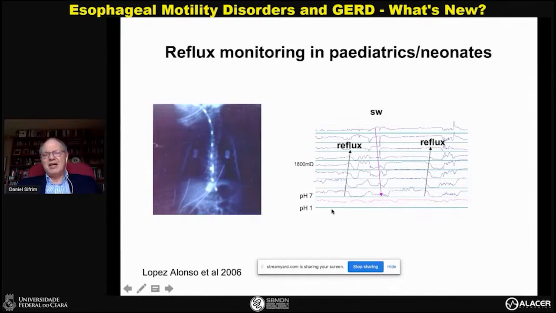And there is an enormous number of episodes of retrograde flow of non-acidic contents that can end up in the lungs and provoke severe respiratory disorders. It is very well known, and pediatricians are using impedance to detect non-acidic reflux. So this is an important use of impedance technology.